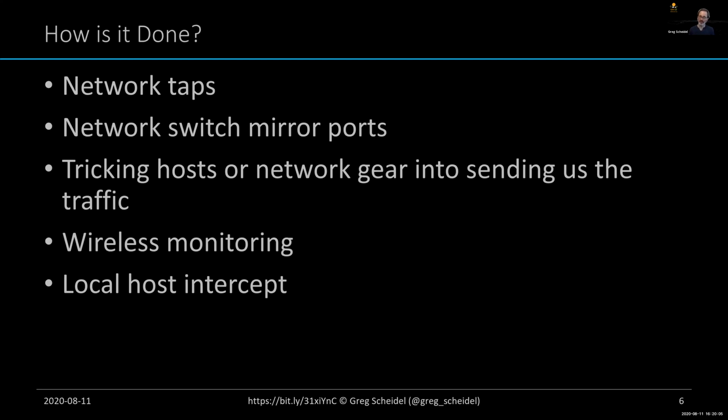And if you have a relatively modern switch, like say pretty much anything produced in the past 20 years, you're likely to have the capability to have something called a mirror port. Basically, the switch is just configured to say, hey, whenever a packet goes across, or a frame goes across the wire between this port and that port, or this host and that host, make a copy of it, send it out this other port, and that's where I have my network monitoring system listening to that.